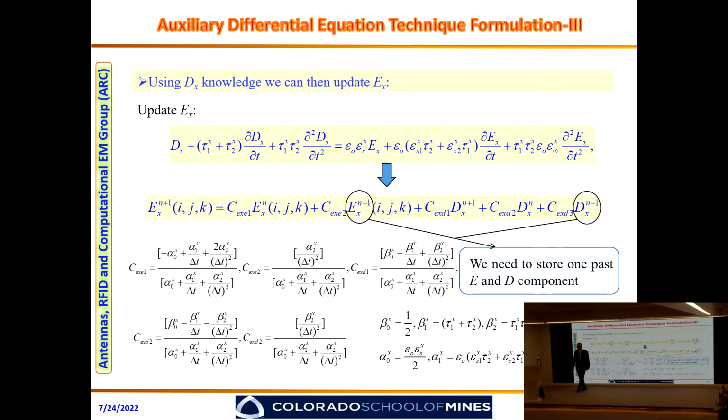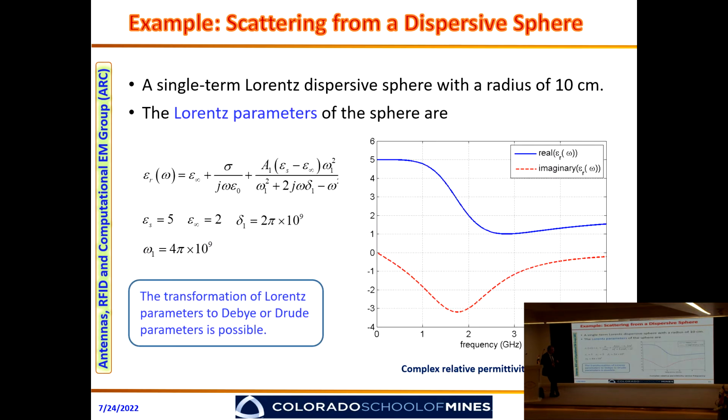So in this formulation, you can expect that we are going to have additional three-dimensional arrays constructed for E at n minus 1 and D at n minus 1 for the three electric and displacement vectors. So it does add a little bit of memory requirement for the technique, but once you do the dispersive analysis and run it, you can get the result for many frequencies rather than running each frequency at a time with a specific source carrying only one frequency.